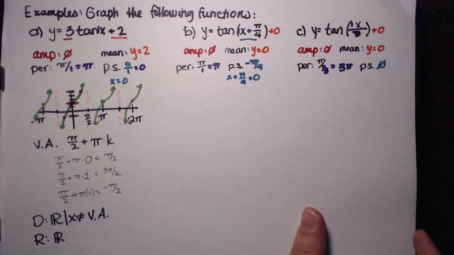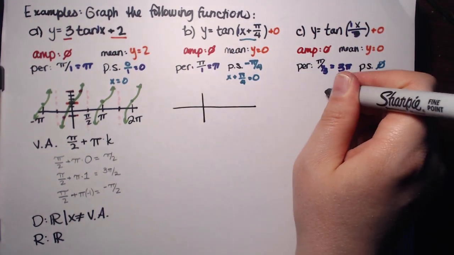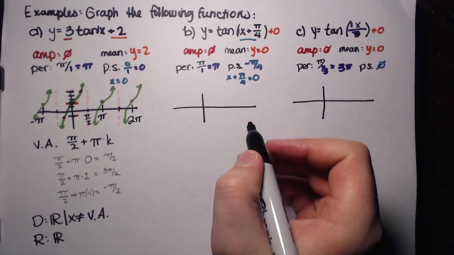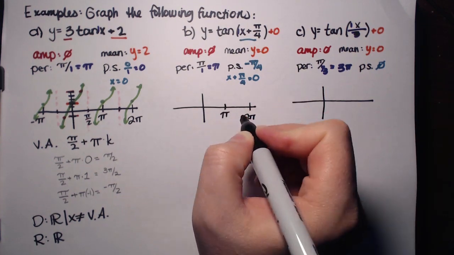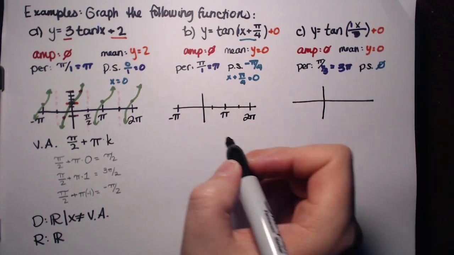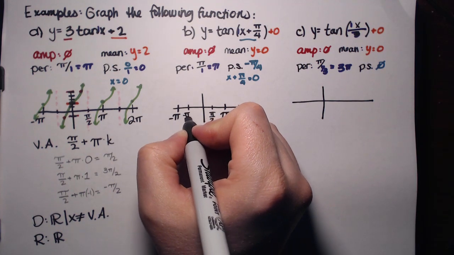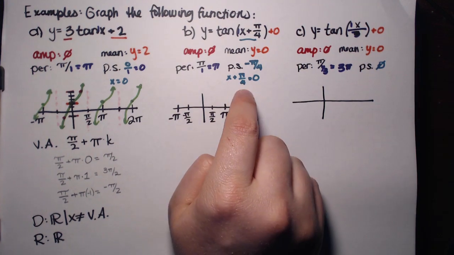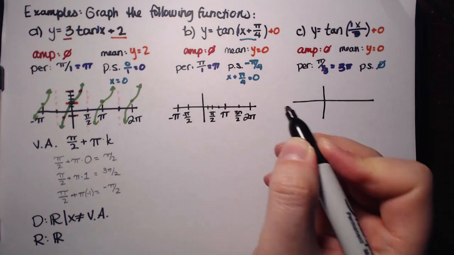Okay, so to graph this, we're going to just list out 2 pi, pi, negative pi. I'm picking these values just because it's habit. So that's pi halves, negative pi halves, 3 pi halves. Because we're going to be moving by fourths, I'm going to make fourth marks.